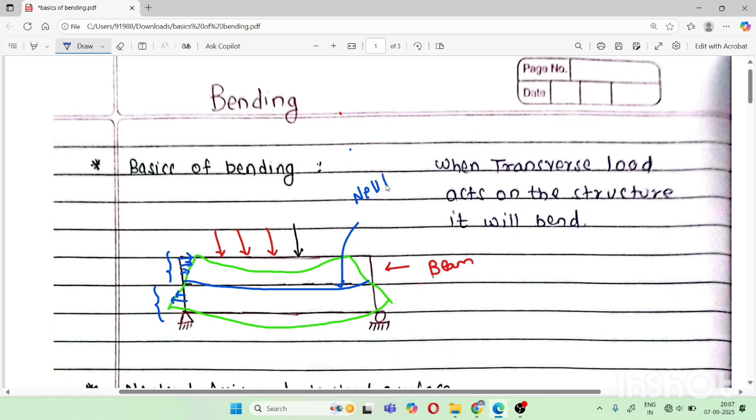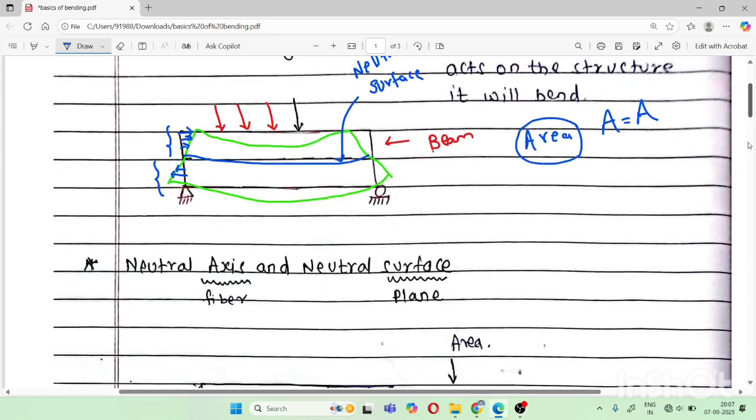Here you can see I have drawn one neutral axis, and if you look at the section, it will show you the neutral surface. The area is not going to change for that plane before and after bending. That is the key concept.